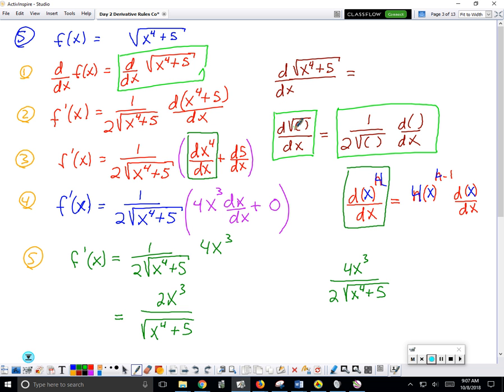But the parentheses can represent any expression. So in my head, I'm thinking, okay, I've got d dx of square root of x to the 4th plus 5. So I know that this green box is now a perfect match with this. Okay. Equal means these are the same. So in place of this, I take it away, and I put this in place.